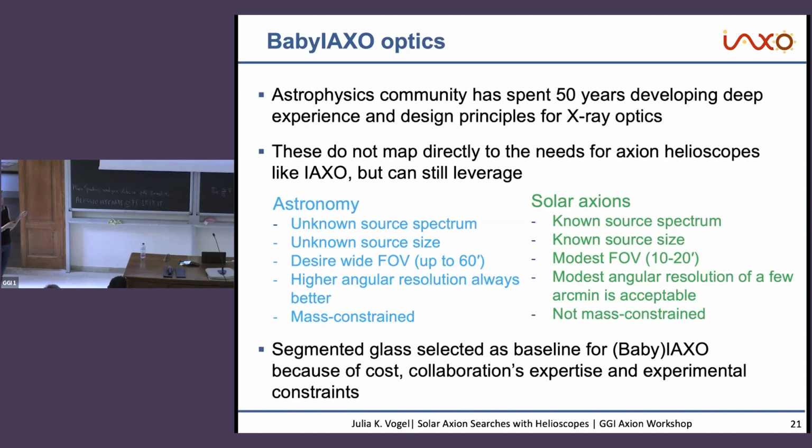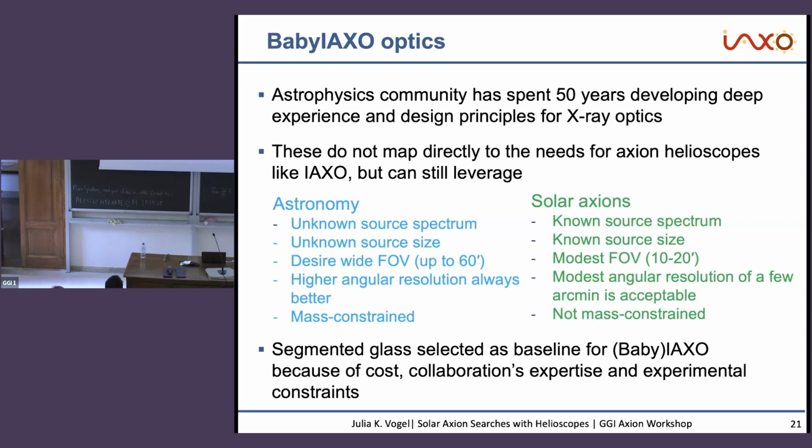We have pretty good ideas of what we want to see for axions. Generally, a wider field of view is desired, and the higher the angular spatial resolution you can get, the better. For example, Chandra with sub-arc second resolution is one of the workhorses for NASA in X-ray astronomy.